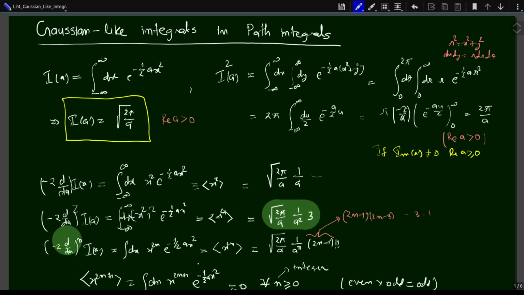Now if I act it n times, then I will have the expectation value of x to the power 2n, and the general expression is the square root of 2 pi by a, 1 by a to the power n, and this double factorial of 2n minus 1. It basically says that it's roughly like a factorial, but it doesn't multiply all the integers, it skips. So 2n minus 1, 2n minus 3, and so on, multiplied all the way to 1. So that factor comes over here.